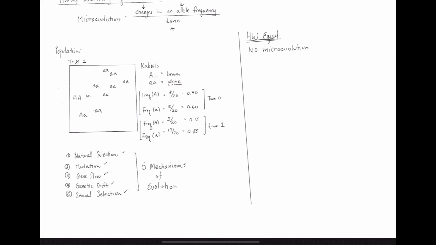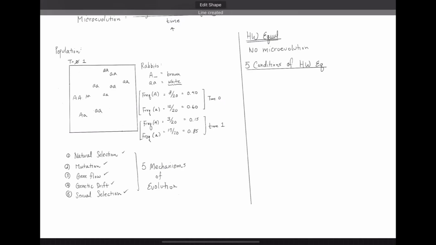So let's actually do that here, because we usually talk about 5 conditions of Hardy-Weinberg equilibrium. So if we say that these 5 conditions are true, then the population is going to be at a Hardy-Weinberg equilibrium, at least at a particular locus.